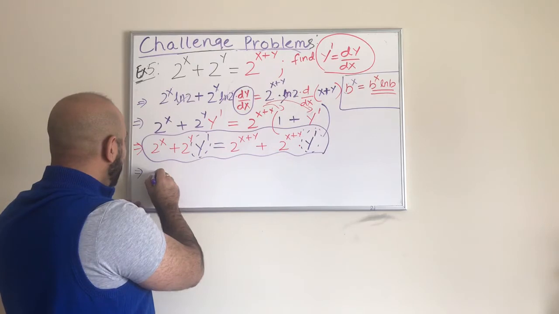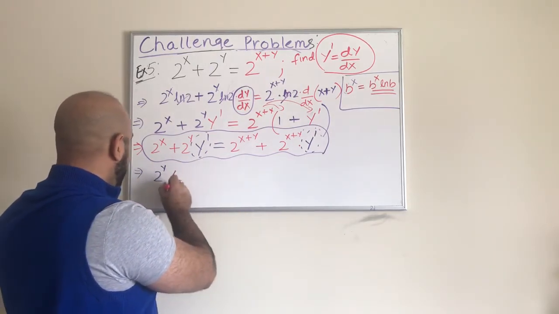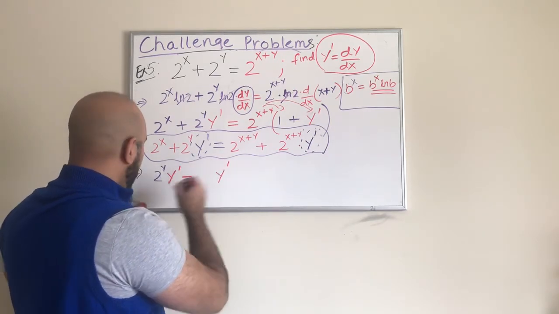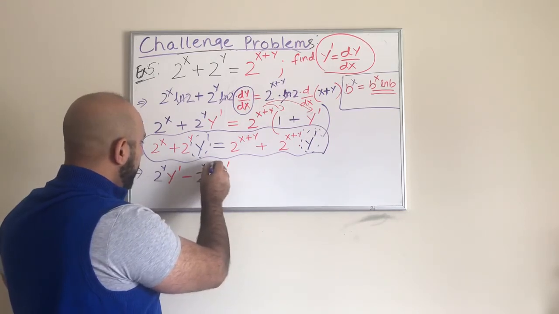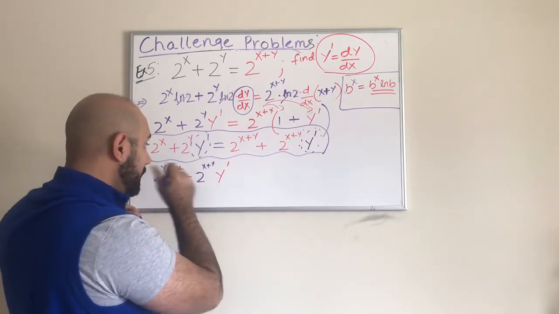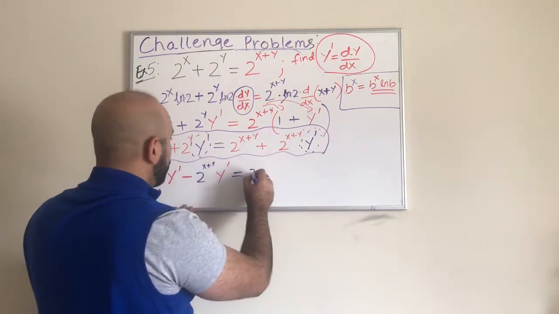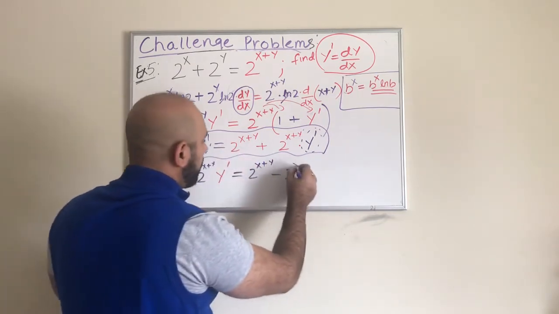Finally I will get 2 to the power y times y prime minus, well, there's a y prime here, and then there's a 2 to the power x plus y, right? That is my left hand side now, and the right hand side I'll have 2 to the power x plus y minus 2 to the power x.